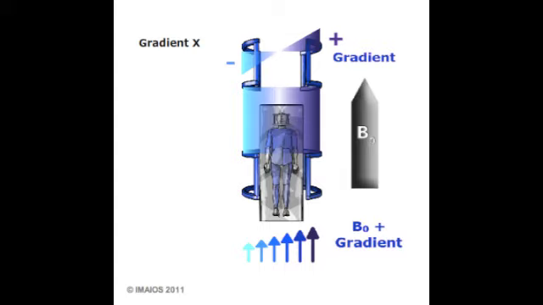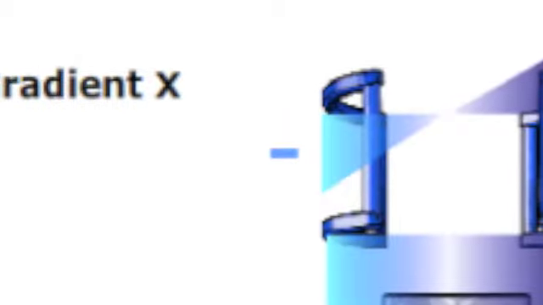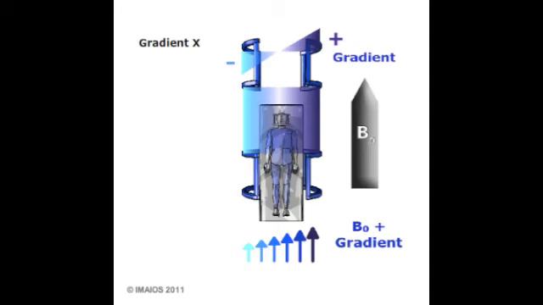The magnetic field on the left side of the patient's body is just a little bit more powerful than on his right side, where his right arm is. It's just a little bit weaker.